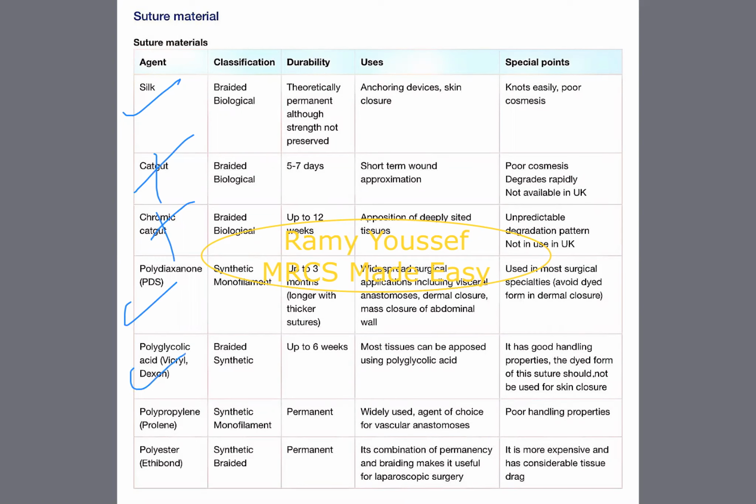It has largely replaced Vicryl, by the way. Before, for closures of the abdominal wall in an adult person, we used Vicryl mixed with proline.